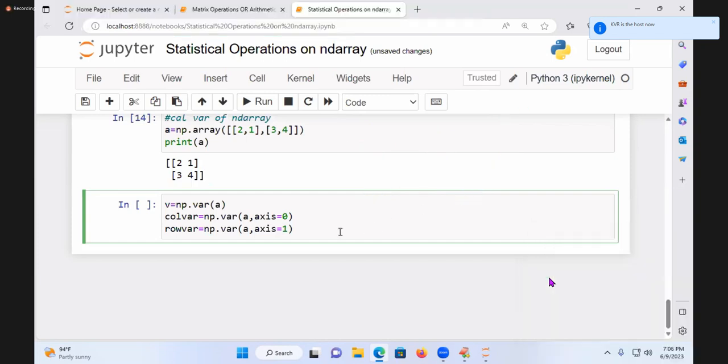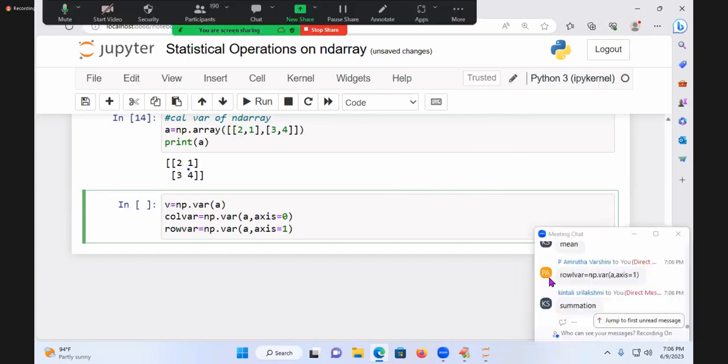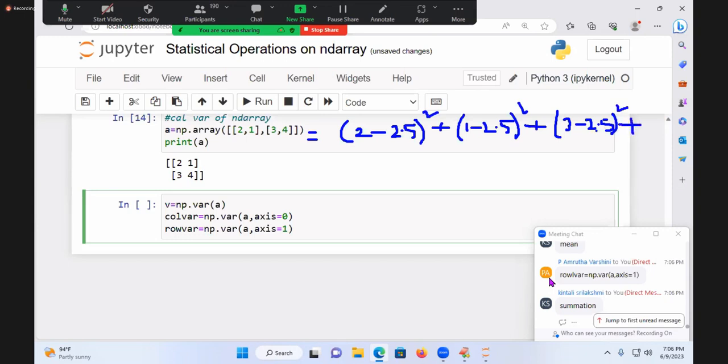So let us start the flow. How do you write the code logic now? What is the first element? 2 minus, what is the mean I got? 2.5. 2 minus 2.5 whole square, plus 1 minus 2.5 whole square, plus 3 minus 2.5 whole square, plus 4 minus 2.5 whole square, by 4.